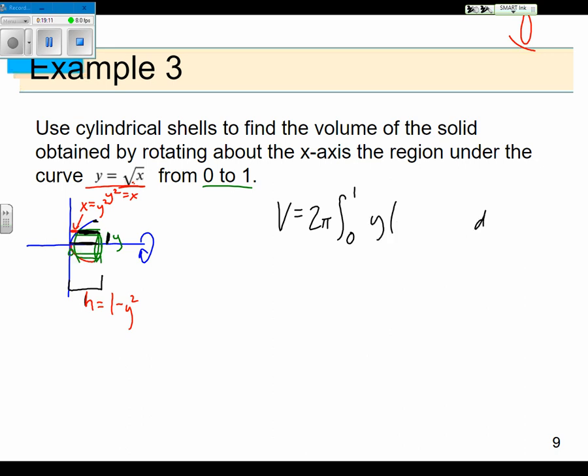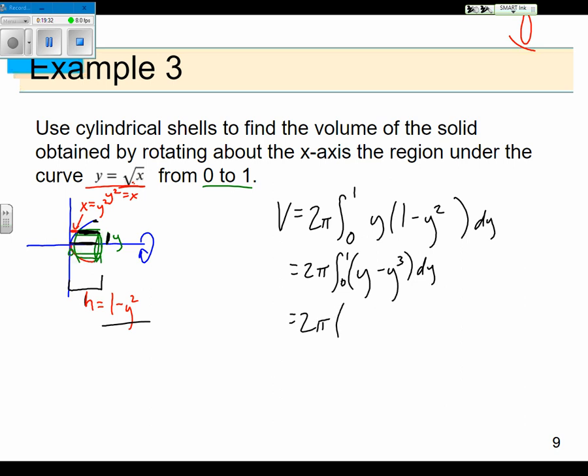That means that my whole problem has to be in terms of y, which is why I made it so that my height is in terms of y as well. I'm going to spend my step distributing my y through, and then I'm going to integrate: 1/2 y squared minus 1/4 y to the 4th, evaluated from 0 to 1.